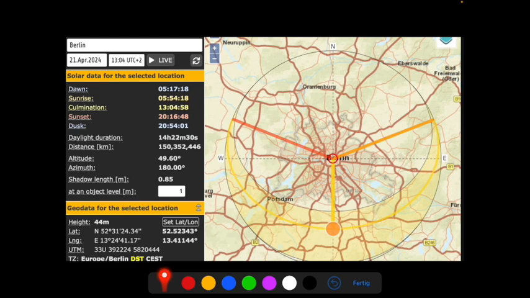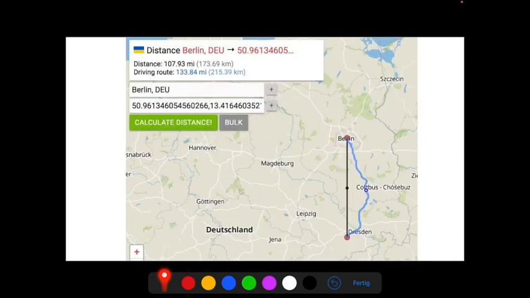It gives you the latitude and longitude here. We know it's 13 degrees and 24 minutes 41.17 seconds. What we want is a location that aligns almost with 13 degrees and 24 minutes. So we go down here, choose a point, and we look.